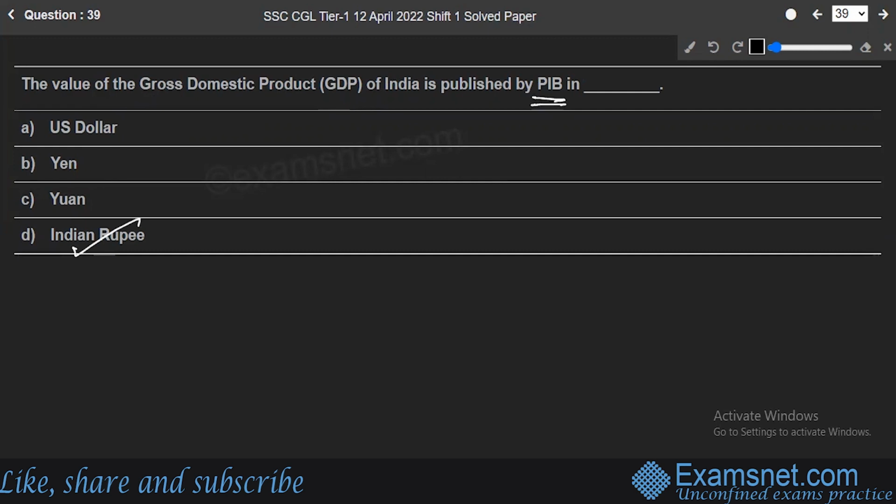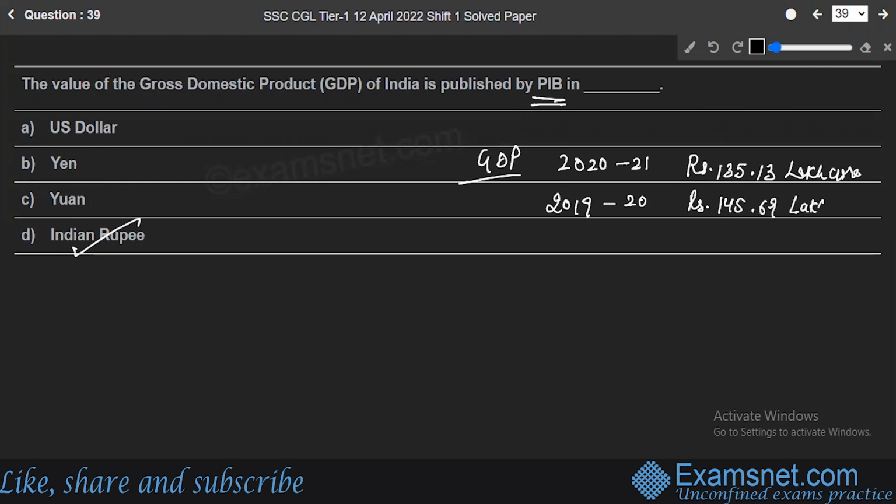Real GDP, or the gross domestic product, in the year 2020 to 21 is estimated to be rupees 135.13 lakh crore, as against the first revised estimate of GDP for year 2019 to 20 of rupees 145.69 lakh crore.